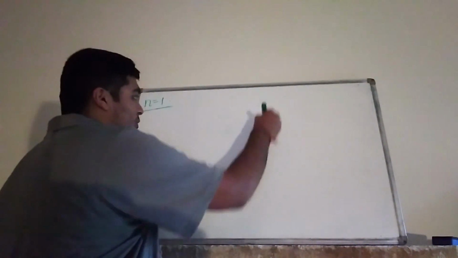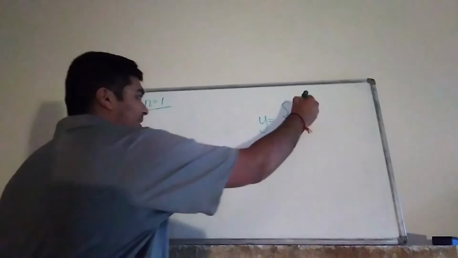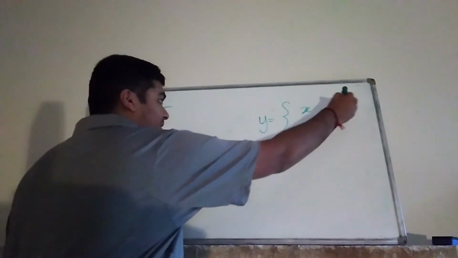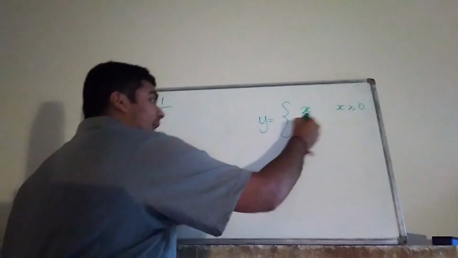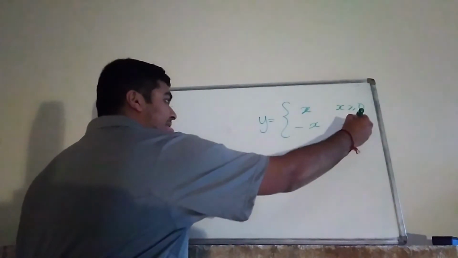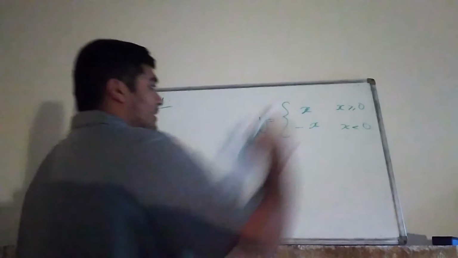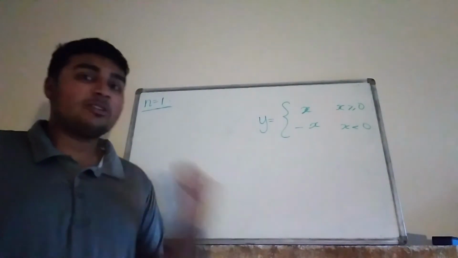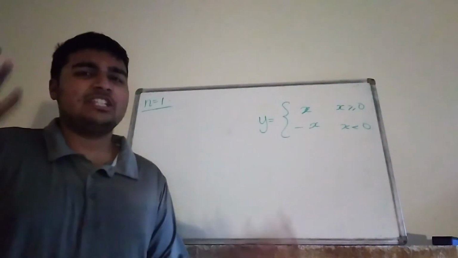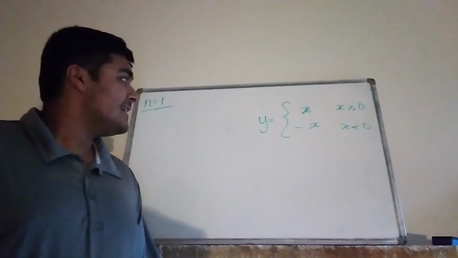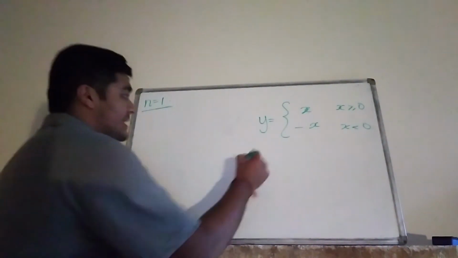Remember, y equals modulus of x is defined to be x if x is bigger than or equal to 0, and minus x if x is less than 0. Okay, so if we want to integrate y, because remember integration and differentiation are opposite operators, let's integrate y to give us the case n equals 1.